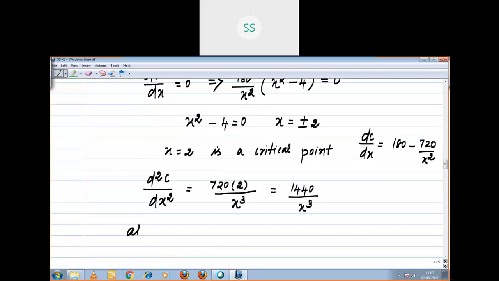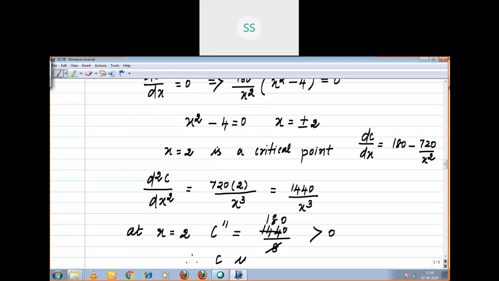At x is equal to 2, the second order derivative equals 1440 divided by 8, which is greater than 0.